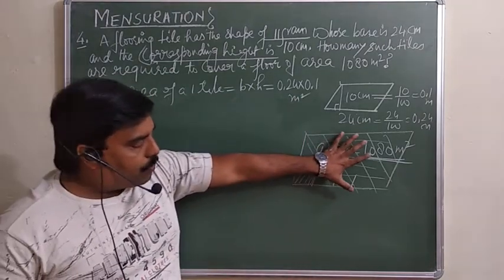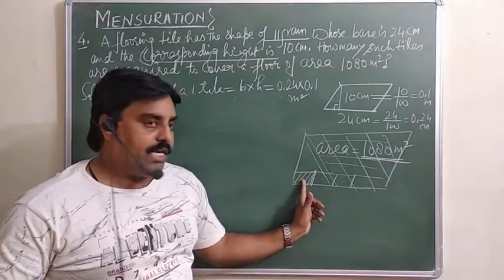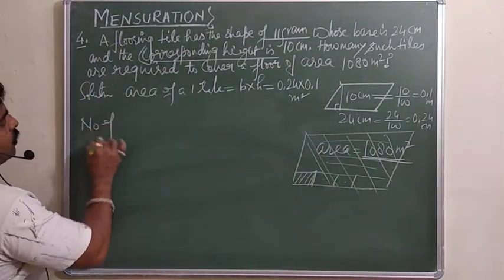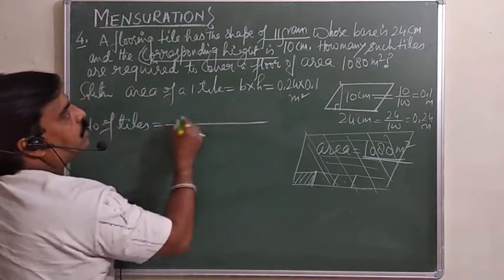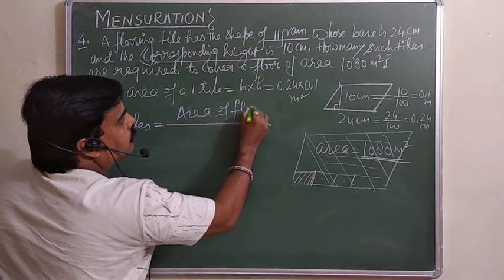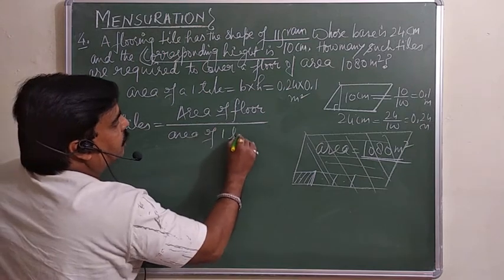To find the number of tiles required to cover this area, divide the whole area by the area of one tile, and you will get the number of tiles. So the number of tiles will be equal to the area of floor divided by the area of one tile.